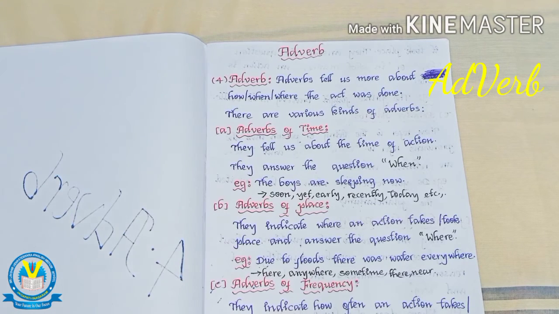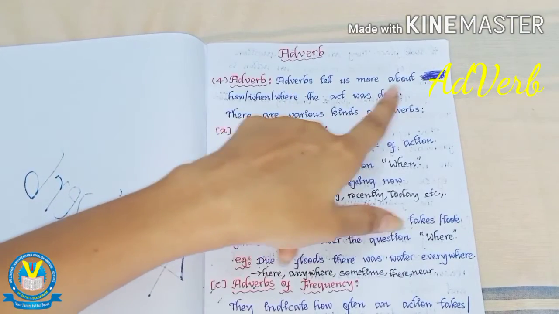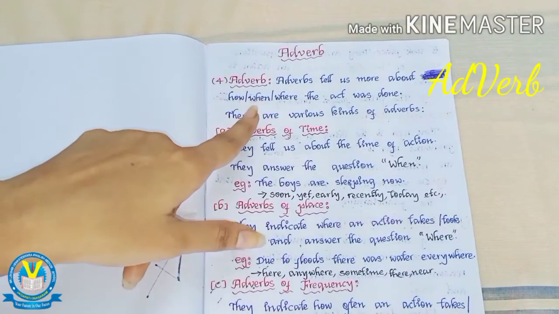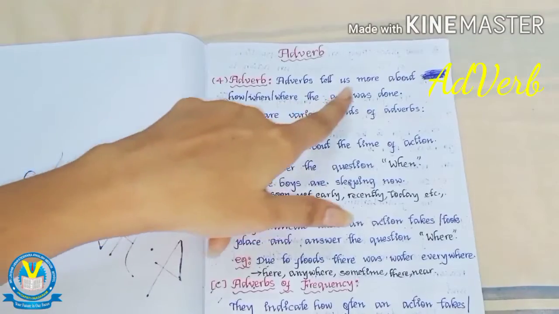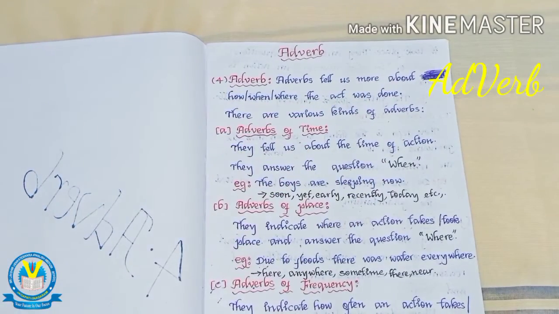What is an adverb? Look here. An adverb tells us more about how, when, where the act was done. For example, yesterday we had a party.